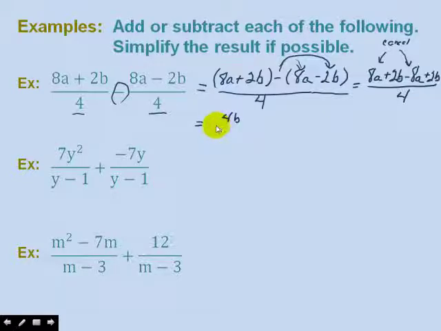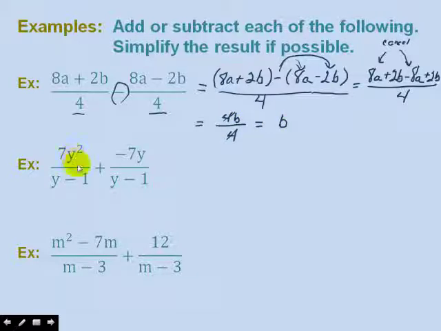So we will end up with 4b in our numerator and 4 in our denominator. Now notice up here in the directions, it asks us to simplify the result if possible. That means we're going to be using what we talked about in the last section and looking for any factors that we can cancel. Since both of these have a 4, we can go ahead and cancel that. And that means we just end up with a final result of b.